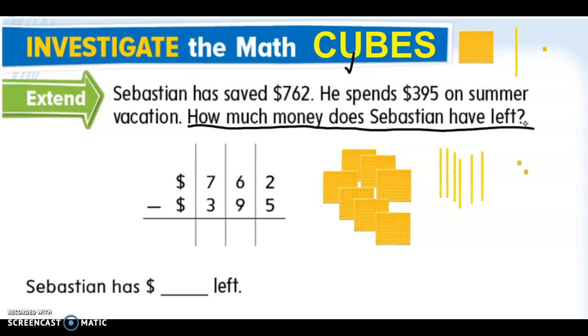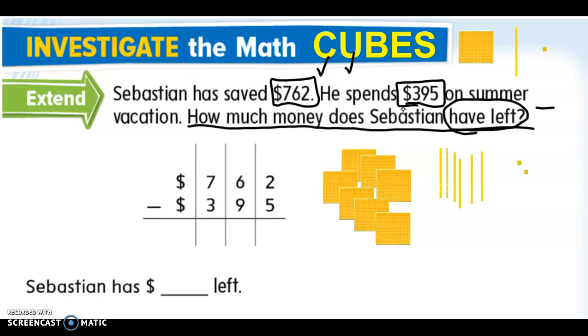Now I'm going to look to circle any keywords. Do I have any keywords that are going to help us to know what we need to do here? Well, the words have left are actually keywords that anytime we see those, that's going to tell us that we're going to subtract to find that answer. Also, if he's starting with $762 and he spends $395, when you spend money, that means it goes away.